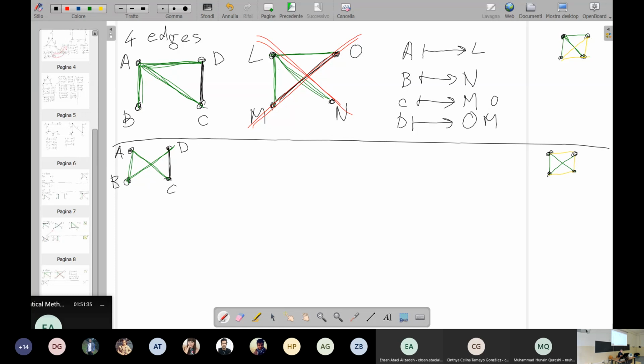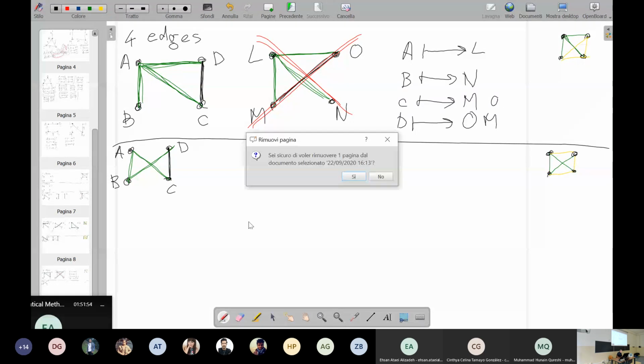Here, we don't have any degree 1 and no degree 0 as well, okay? So this is surely not isomorphic to this one, okay?